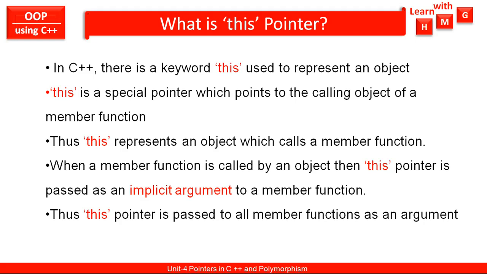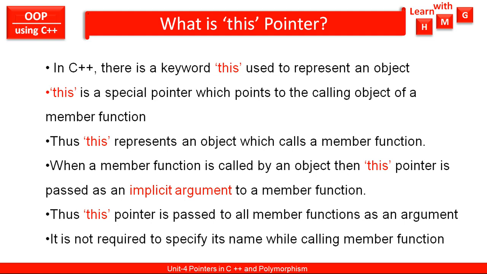So you may write any C++ program, and whenever you are calling any member function of any class using an object, this pointer is always there, it is always pointing to the calling object, and it is always passed as an implicit argument. It is not required to specify its name while calling a member function. As it is an implicit argument, it is not required to explicitly specify the name of this pointer.